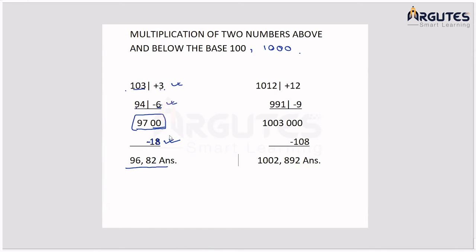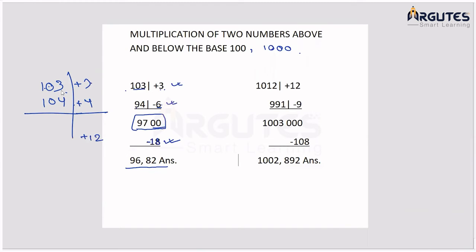We were doing the same concept in the addition part also, when both the numbers were above 100, like 103 into 104. So it's plus 3 and it's plus 4. So here what we are doing: 4 into 3, that is plus 12.